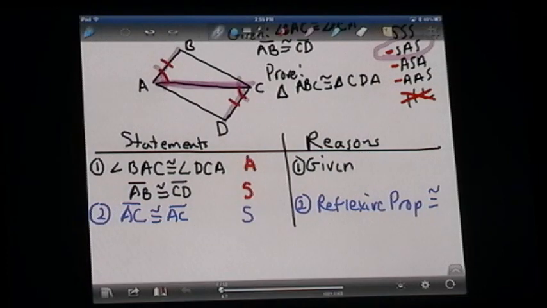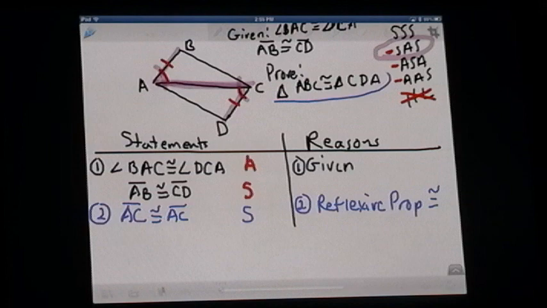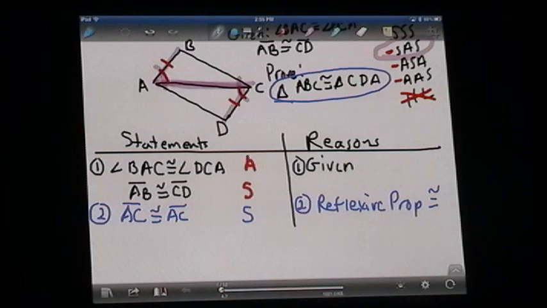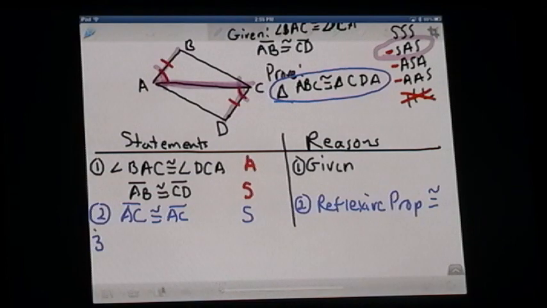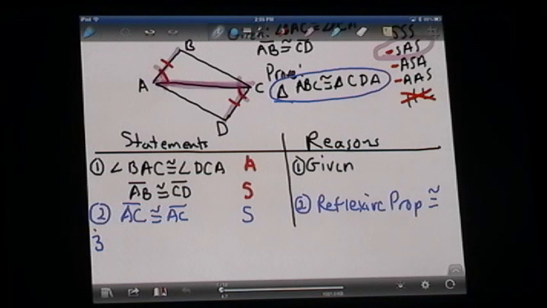So now I can say, and I'm going to copy exactly what this here says, 3. Well, that's the end result, so I'm going to do that in a different color. Let's do it in green. 3.